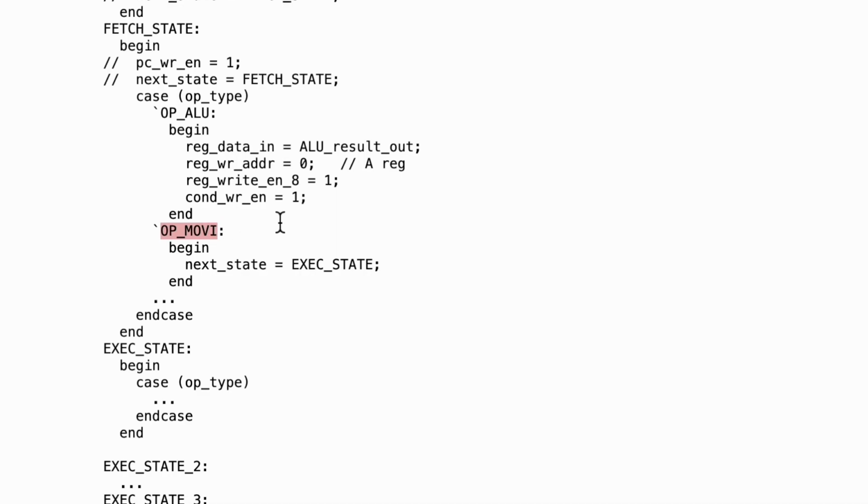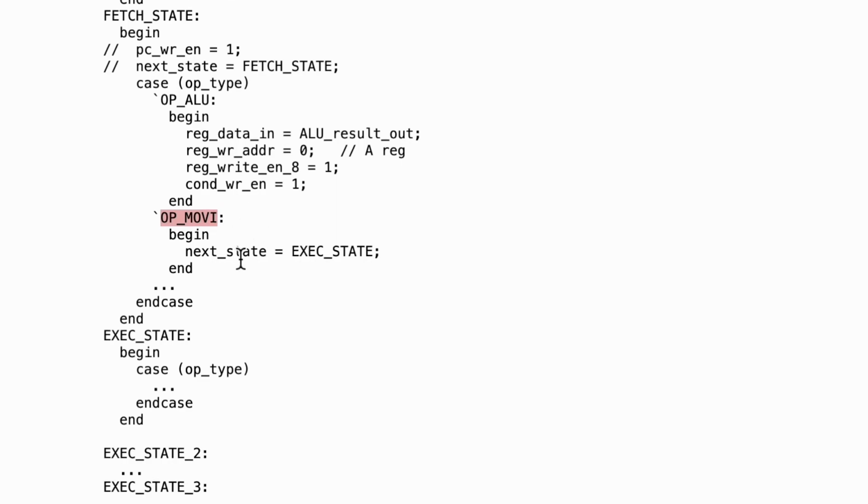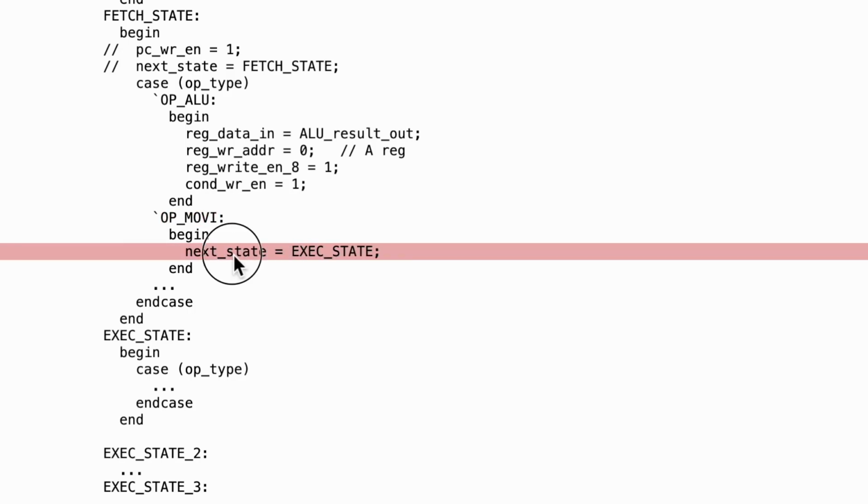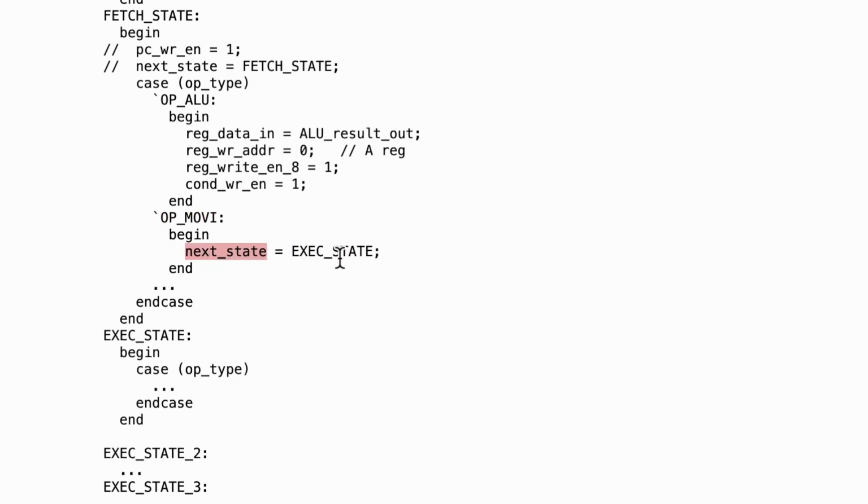On the other hand, the move immediate instruction is an instruction that takes multiple cycles. So you can see that we are setting next state to exec state. Now the move immediate will need to fetch the next byte, which is the byte after the opcode. That's the byte that contains the immediate value that will be loading into a register.